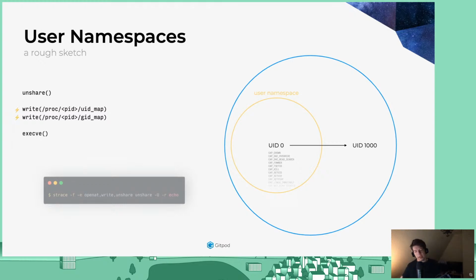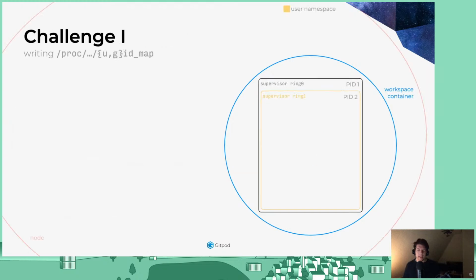All this setup mechanism that creates the namespaces inside the workspace container, mind this is a regular good old Kubernetes container, we do in something called supervisor. And supervisor ring 0 is basically the root process, PID 1, that gets started as part of the workspace container. And then ring 2 is the process that also spawns the user namespace.